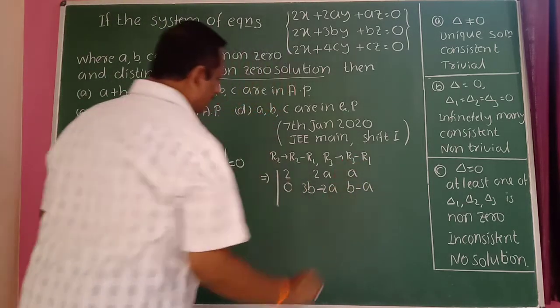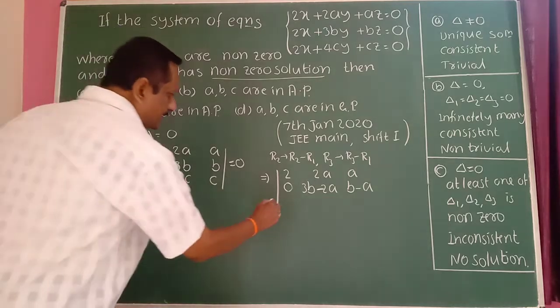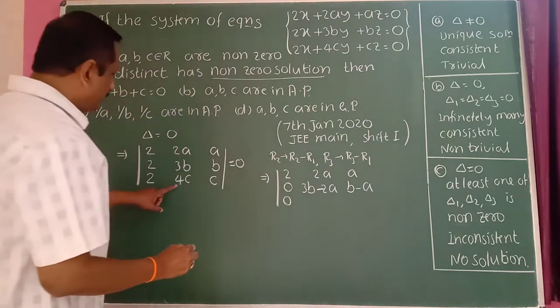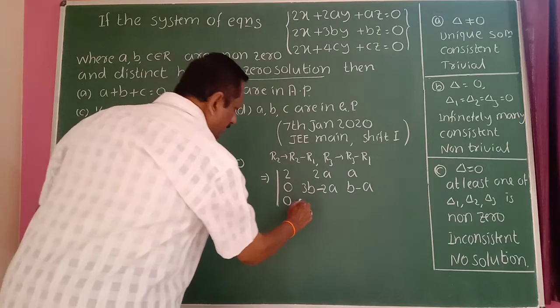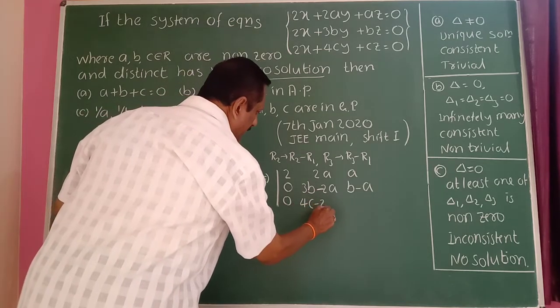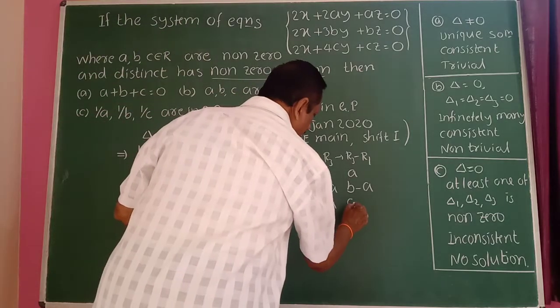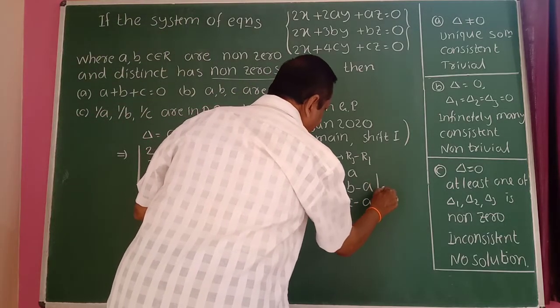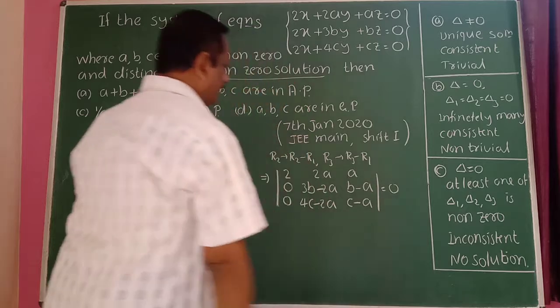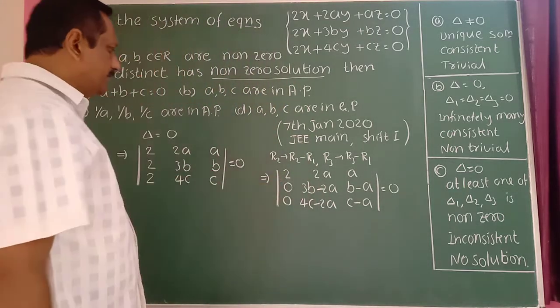Then 2 minus 2 becomes 0, 4c minus 2a, then c minus a, that is equal to 0. Now you expand this determinant here.